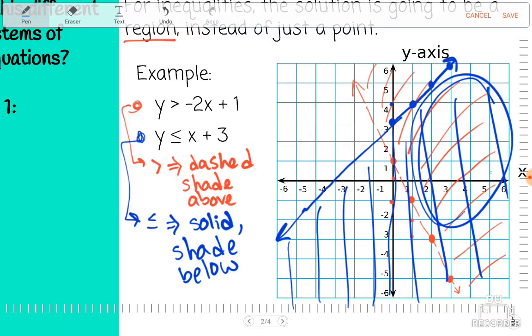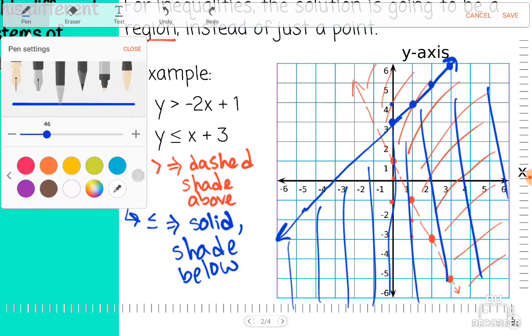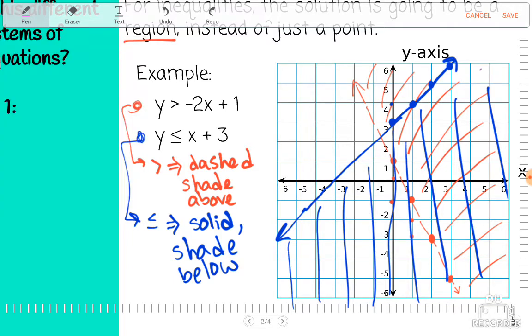And I can see they're overlapping in this area, the right part of the graph. Maybe I want to shade that in another color like purple to emphasize this is what they share. So what that means is that if I were to pick a point in this region, like let's say the point (3, 2), this point right here, that's in the shared region.